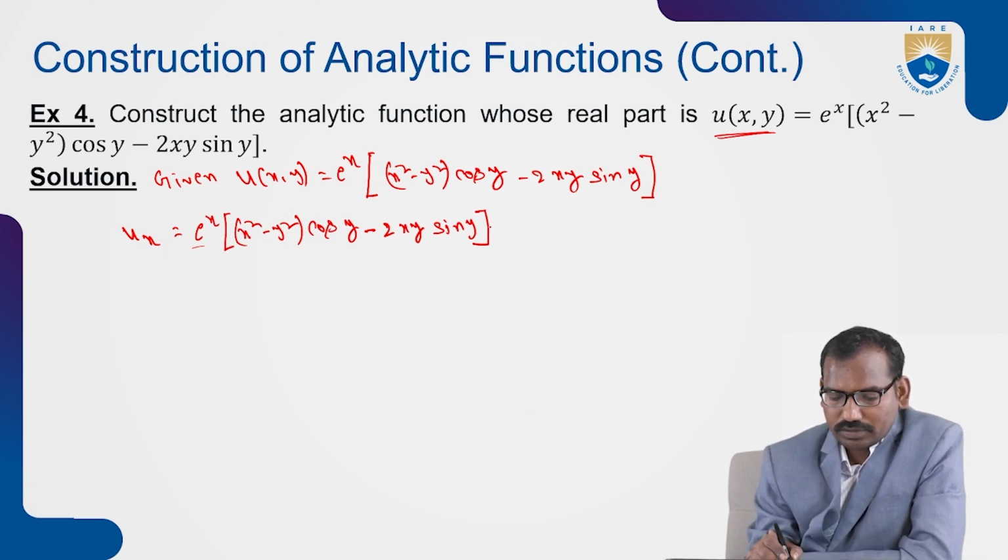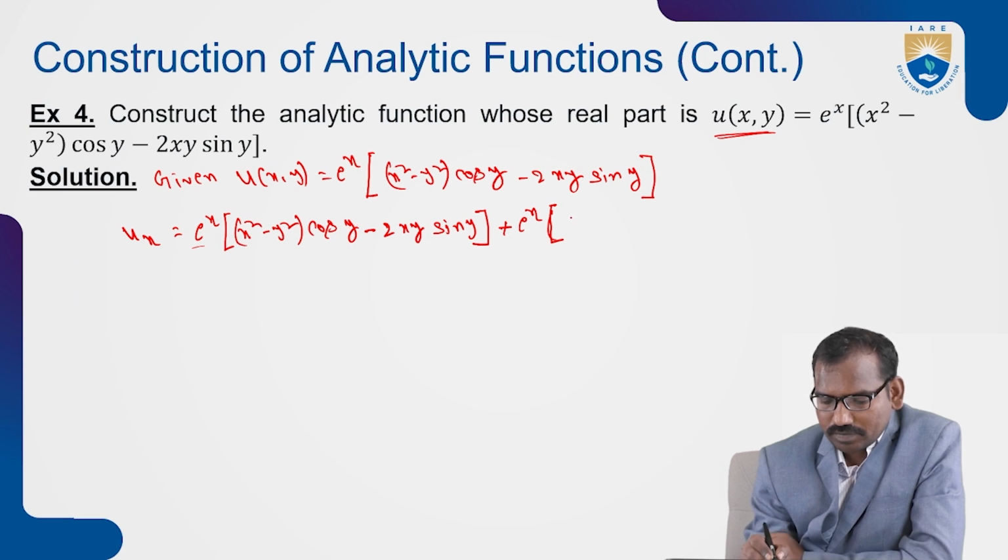This time I am going to perform derivative with respect to x for the second term. Here I can have, with respect to x, 2x cosine y minus 2y sine y.